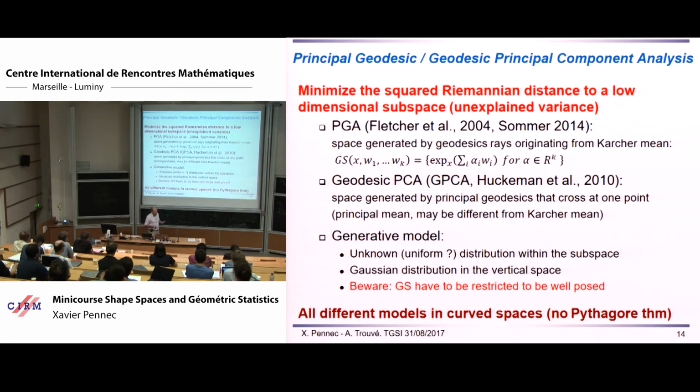Here the idea is really that we don't want to make assumptions about the distribution within the subspace. We just want to find the subspace that fits the data and then postpone the analysis inside the subspace for later. So we just have the idea that we have a Gaussian noise or something like that on the unexplained direction.